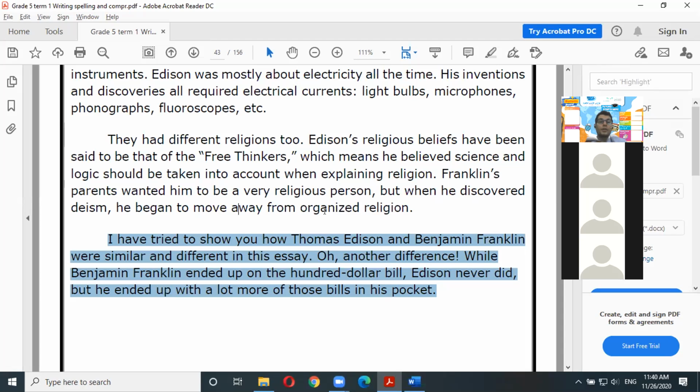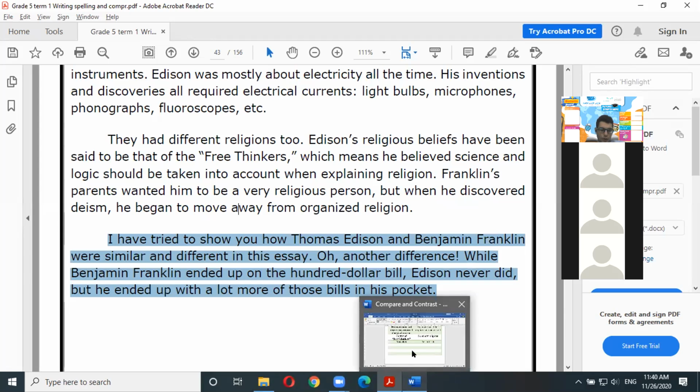Yes, you infer it from the highlighted paragraph. You understand it from the highlighted paragraph. The comparison between both of them, yes. Okay, most of you don't know, but it's okay.